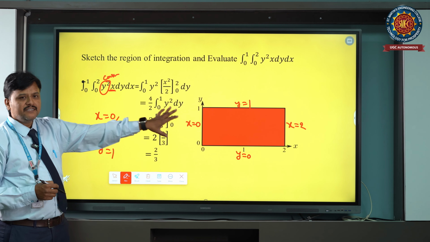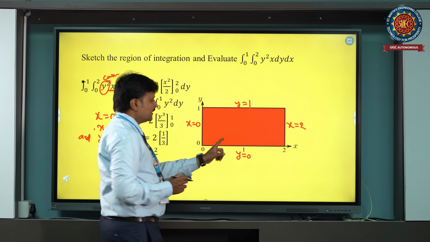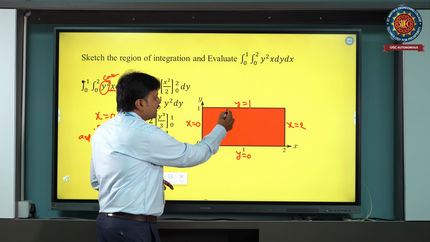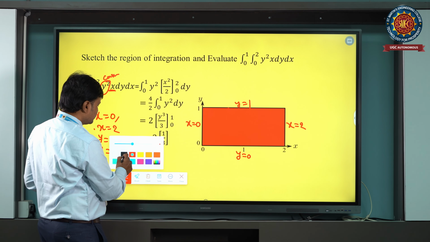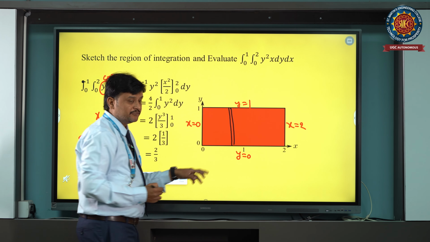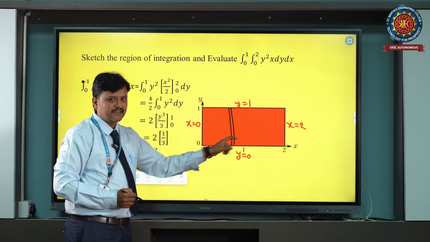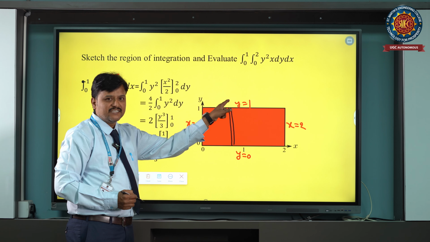Now from these limits we can tell, the y limits extend from y is equal to 0 to 1. Take one vertical strip, which is sliding along the x-axis and extending from y is equal to 0 to y is equal to 1.